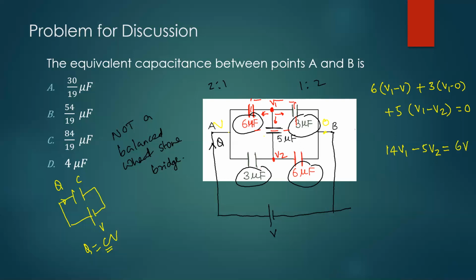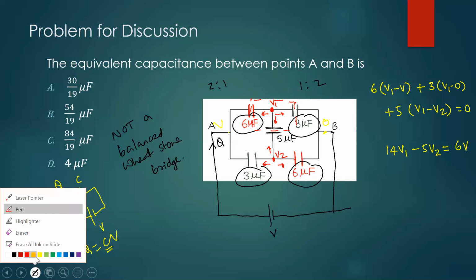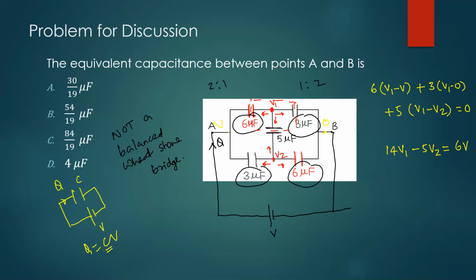Similarly, I can take the lower branch, the lower three capacitor plates. I do the same thing here. I look to the left, look to the right, and then look above. Do you understand the way I'm writing the equation here? Let me mark those so that you understand.